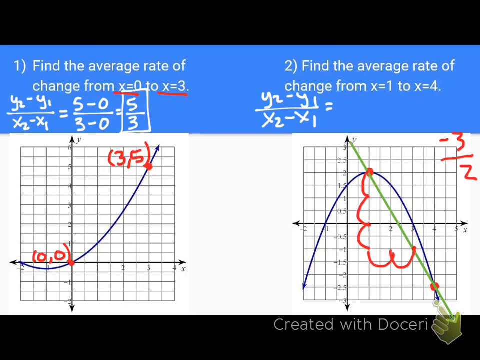And for my second point, I'm at (4, -2.5). So I have -2.5 as my y2, 4 is my x2, y1 is 2, and x1 is 1. Just plugging in those points, -2.5 minus 2 gives me -4.5. And then 4 minus 1 gives me 3.